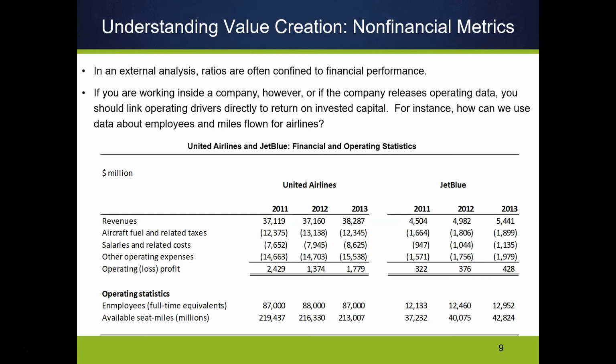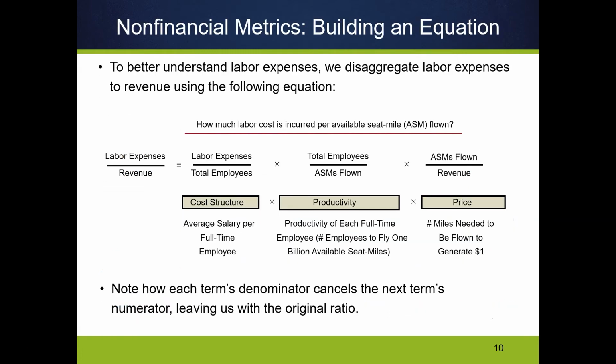So at the top line, we'll see these measures being very similar, but that doesn't point out to us why JetBlue has better margins. So we'll use these operating statistics about labor to break down and go into more detail on our salaries, our labor expenses, and see if we can't find out why these two companies are different. So here's how we're going to break down labor.